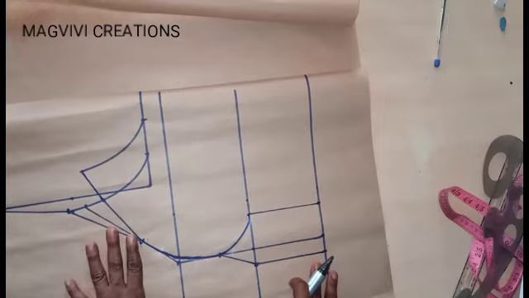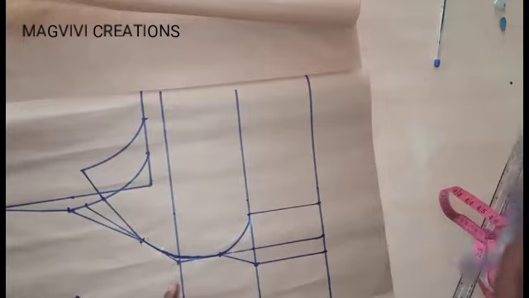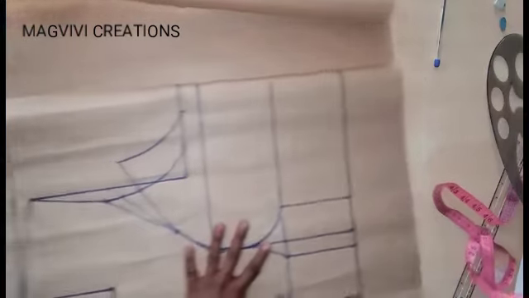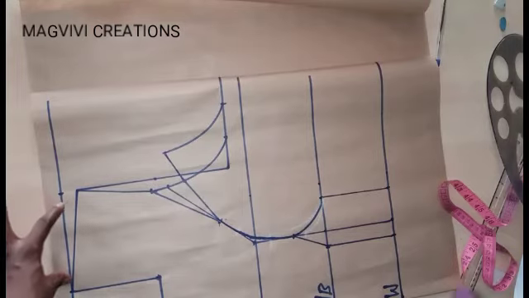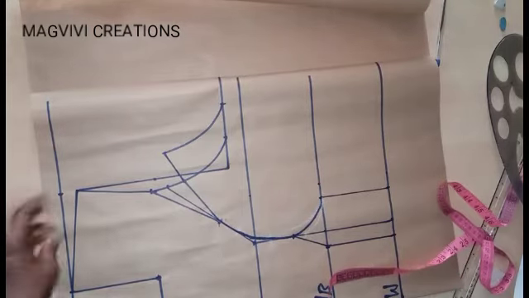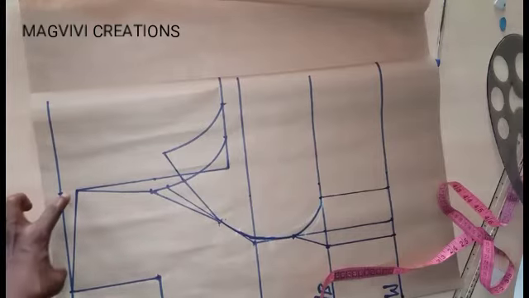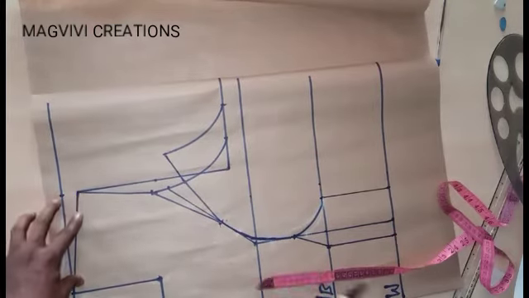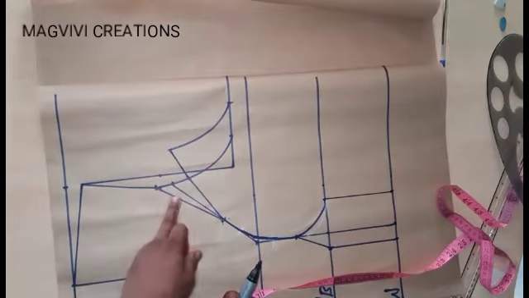So now we have done this, we would place our horizontal measurement. But before placing the horizontal measurement, in order not to forget, always place your shoulder seam allowance. That is where you join the shoulder from the back and the front, because if you don't place this allowance here, by the time you join, let's say you now take ½ inch from here, you see that you reduce your neckline, you reduce the armhole.